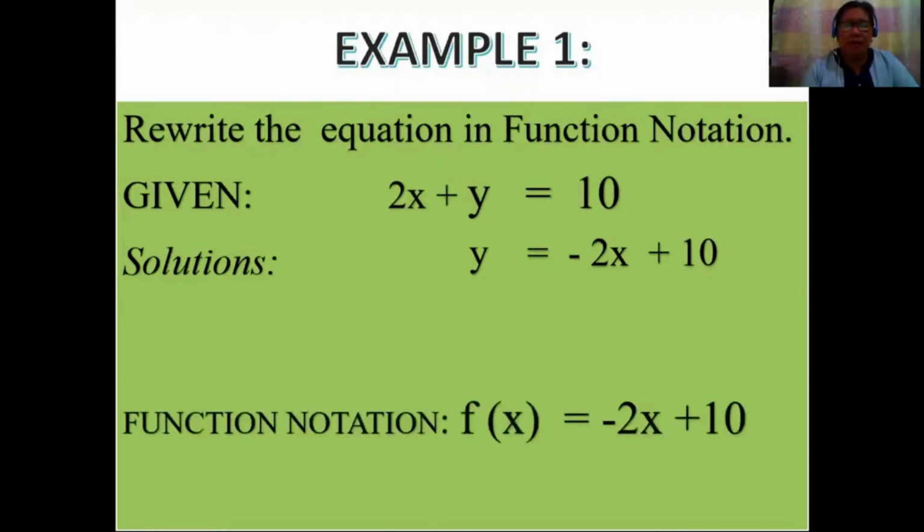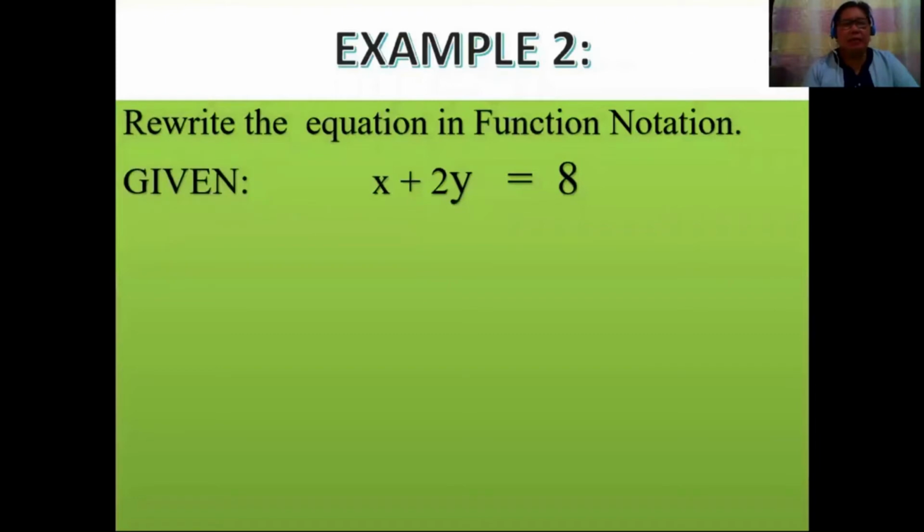And by this time, we will change y into f of x. And the function notation is f of x is equal to negative 2x plus 10. Change y into f of x, copy negative 2x, and copy positive 10.